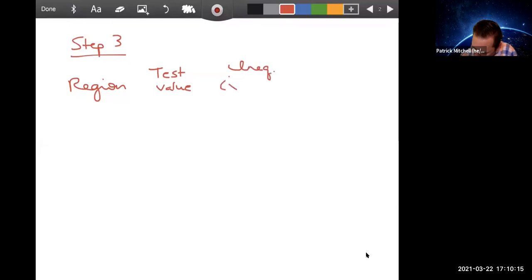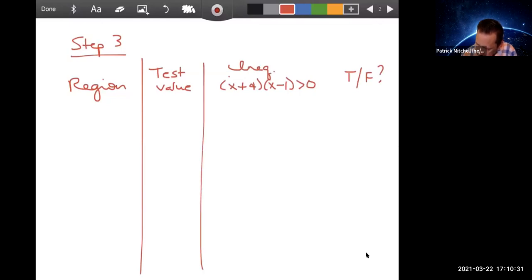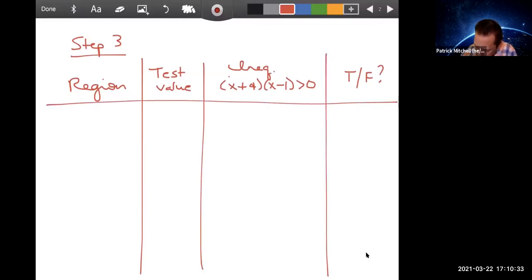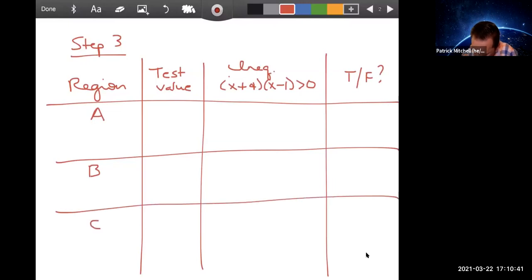The original inequality is x plus 4 times x minus 1 is greater than 0. And finally, I'm going to say whether that inequality is true or false. Okay. So we have 3 regions, A, B, and C. My test values are negative 5, 0, and 2.